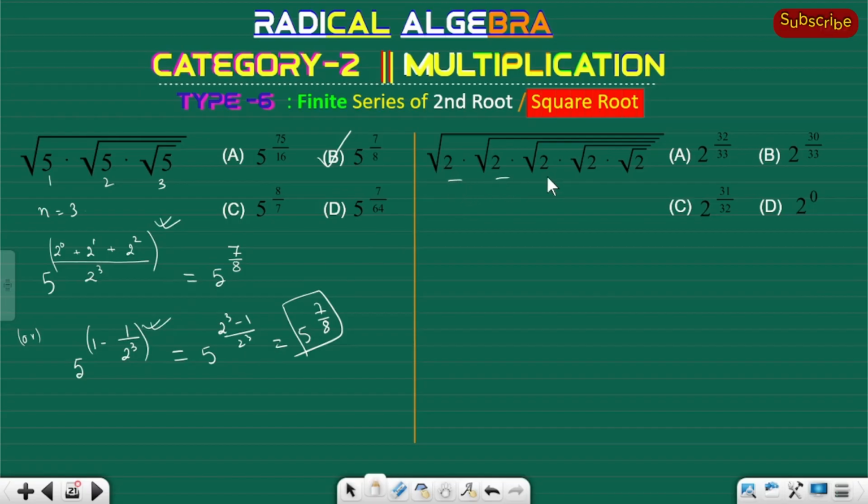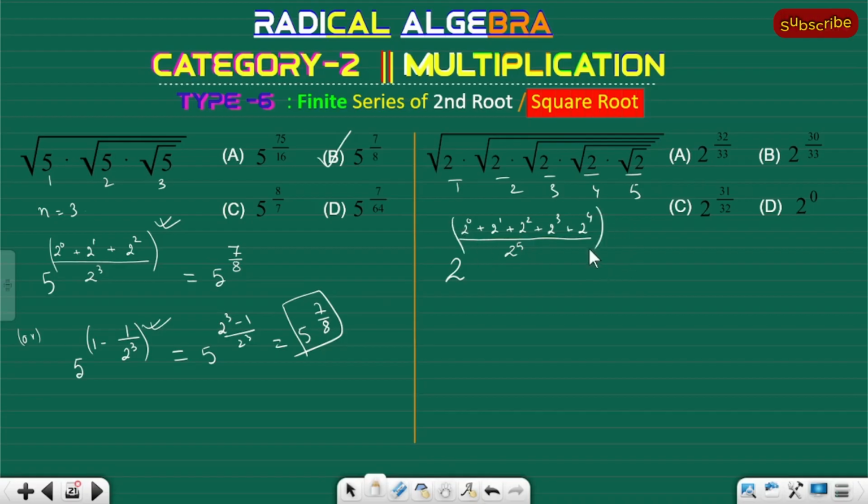Let's see this. How many terms? 1, 2, 3, 4 and 5. So 2 raised to the power 0 plus 2 raised to the power 1 plus 2 square plus 2 cube plus 2 to the power 4. You have to count up to 4. Whole divided by 2 raised to the power 5.